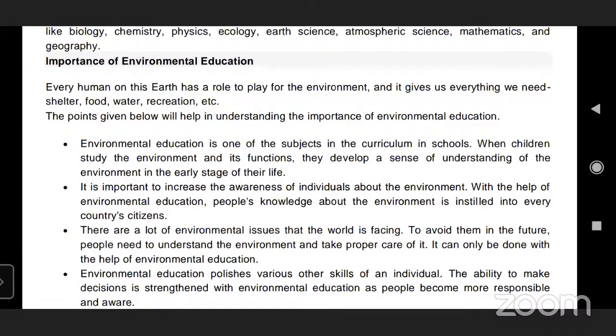With the help of environmental education, people's knowledge about the environment is instilled into every country's citizens. Everyone has to know about environmental importance, environmental education, and natural environment functions, and it helps each and every living being.